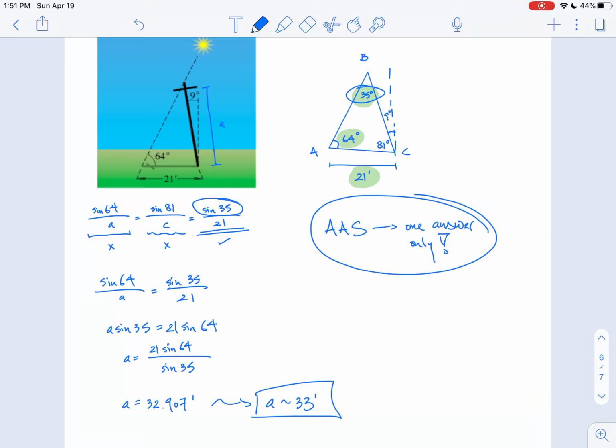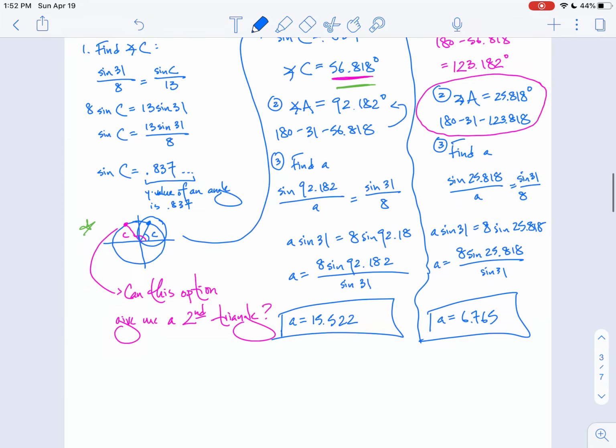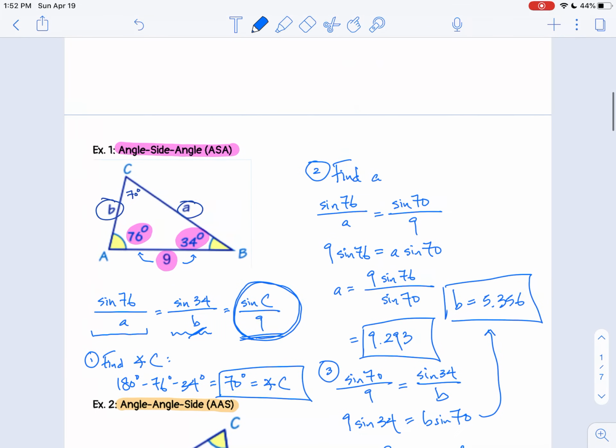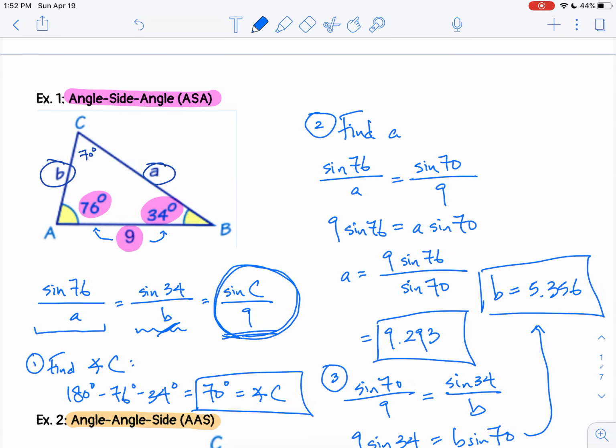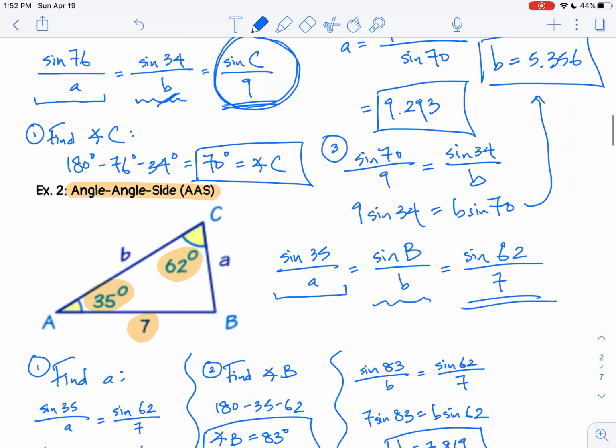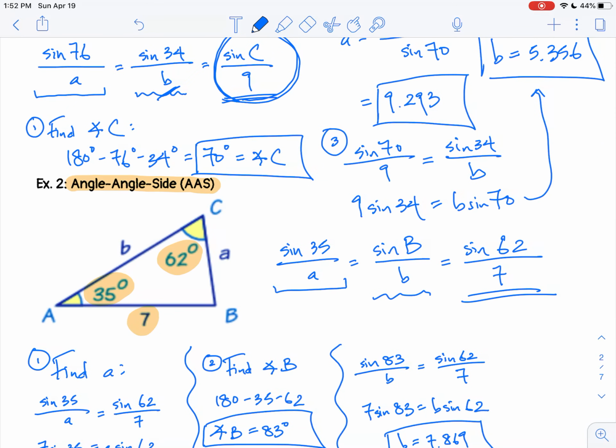Before we finish this up, I'm going to scroll back to the top so we can look at the cases and talk about which ones have ambiguous cases and which ones don't. We started off here with angle side angle. That one will only give you one answer. Then we looked at angle angle side, like the telephone problem we did just now.